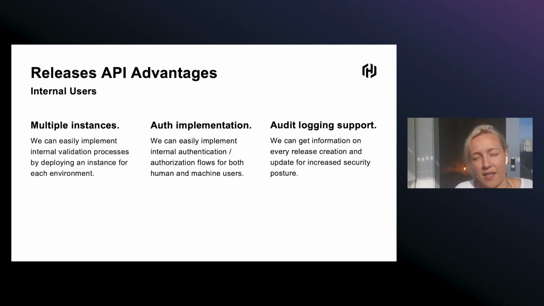The second key benefit of implementing a release API for internal use is the ease of implementing our internal authentication and authorization flows. So using an API, we can easily implement auth flows for internal users who are creating and updating new releases.